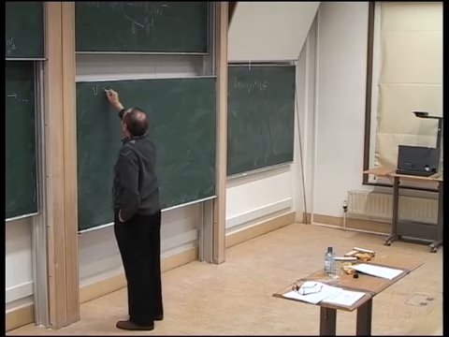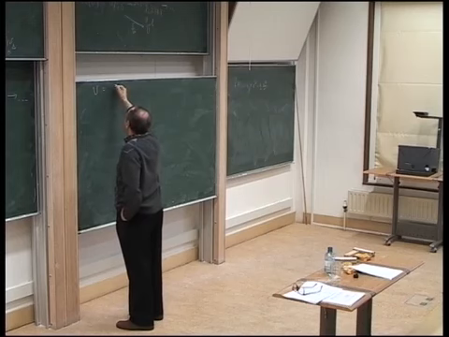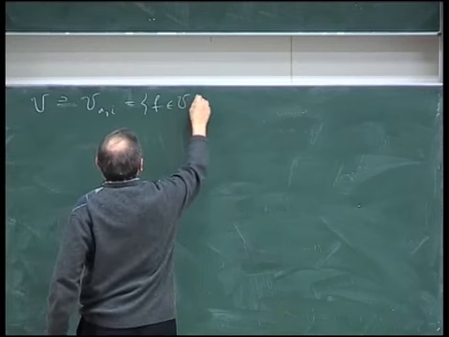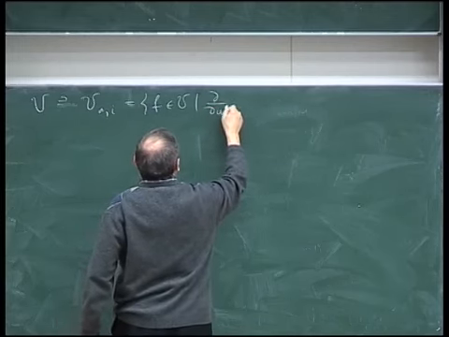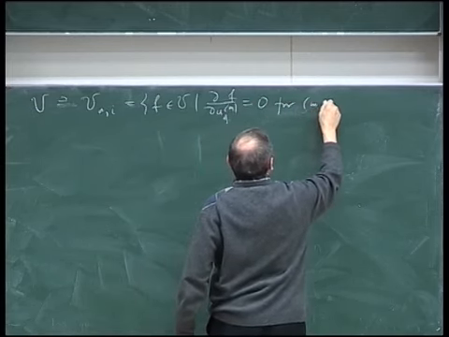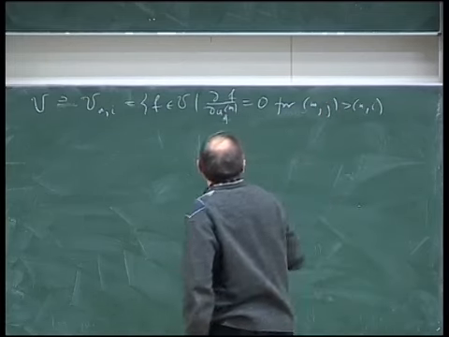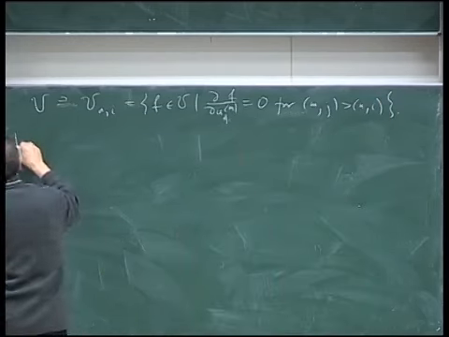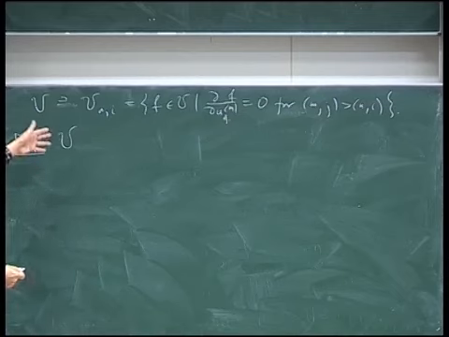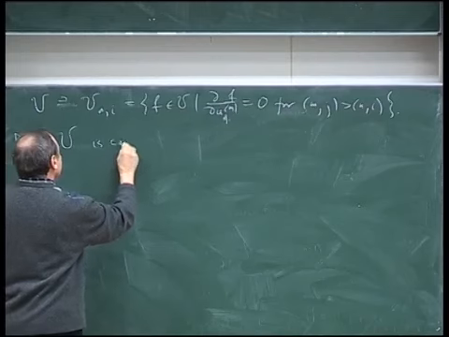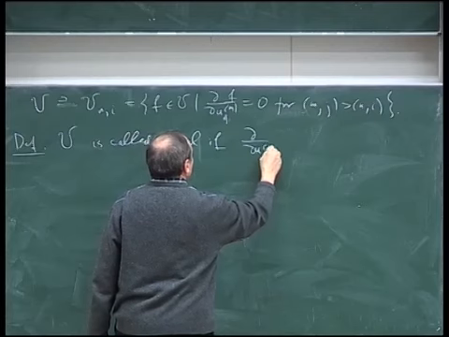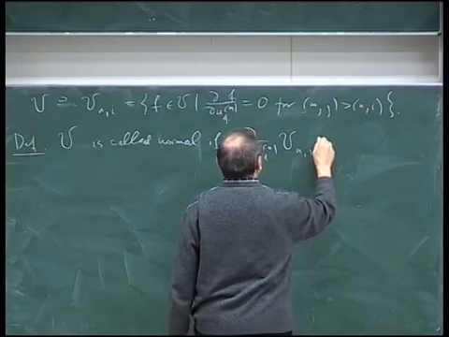Namely, this V admits a natural filtration by subspaces V n i, which consist of elements such that the partial derivative of f is 0 for the pair m j greater than n i in the lexicographical ordering. And now the basic definition here is that this algebra of differentiable functions V is called normal if d over d u n maps V n i onto itself surjectively.